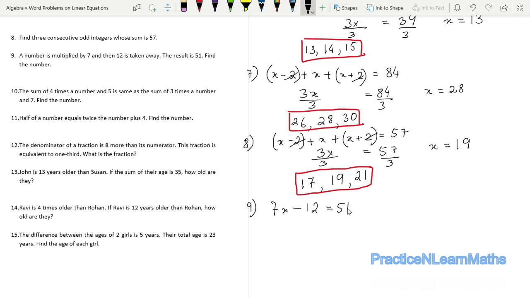Now we solve the equation. We add 12 on both sides.